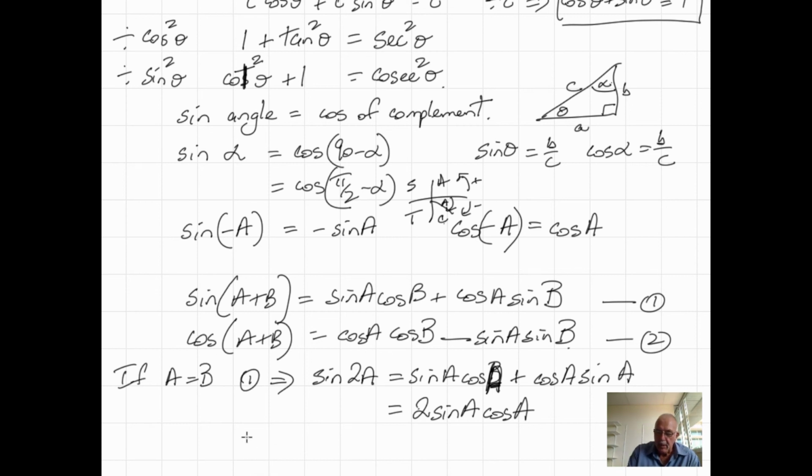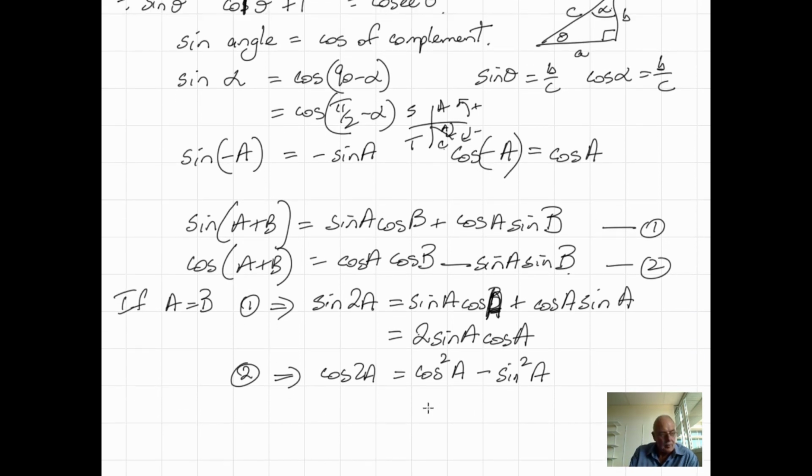If we put A equal to B in the second equation, we get the cos of 2A equals cos A times cos A, which is cos squared A, minus sine squared A. You can rearrange these to get other ones as well, but we'll leave it at that.